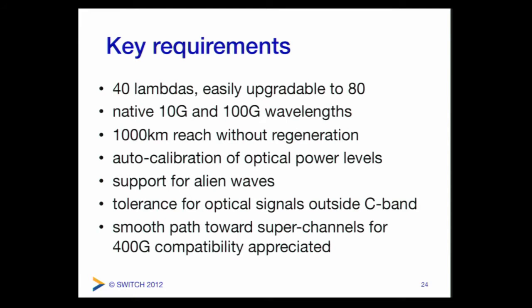Auto calibration, so whatever we do, add or drop lambdas, the system just calibrates itself. Support for alien waves. We have a long tradition of using alien waves, and we want to continue with this. Then tolerance for optical signals outside the C-band. We come to this later.